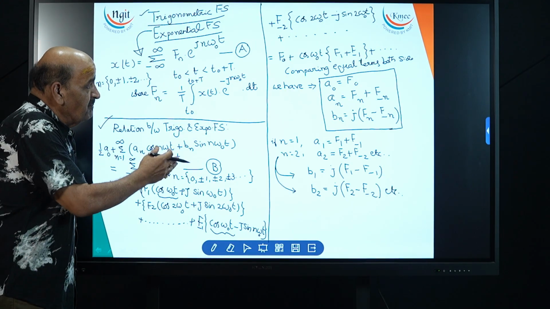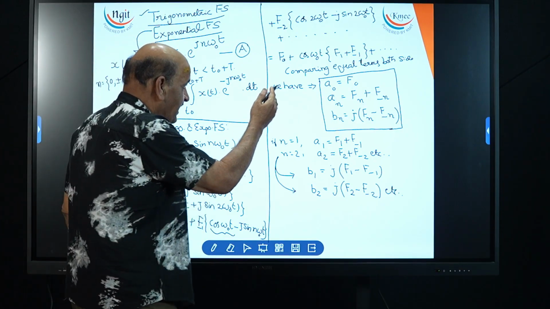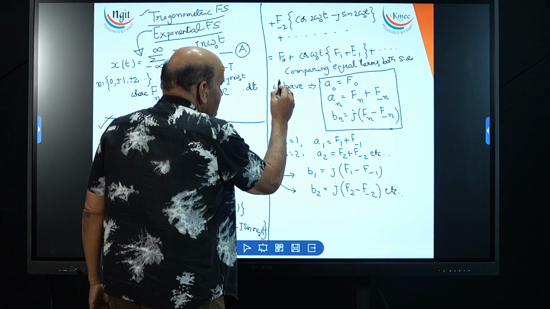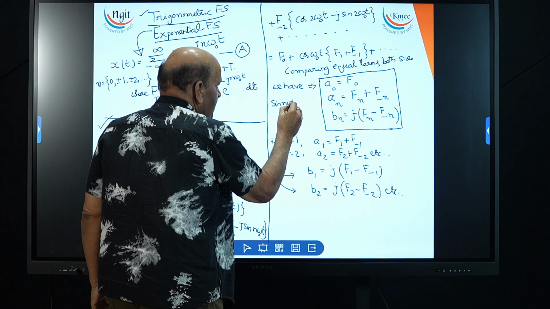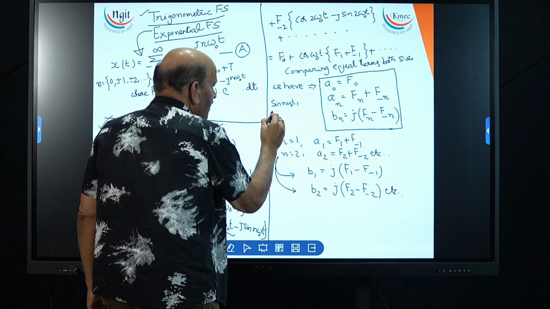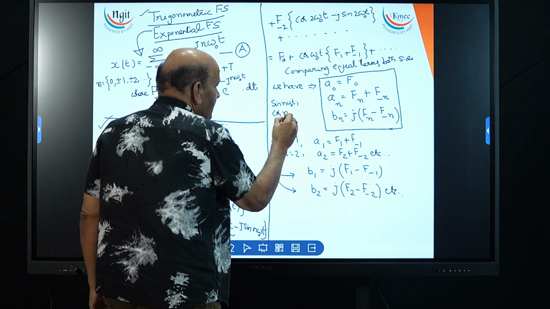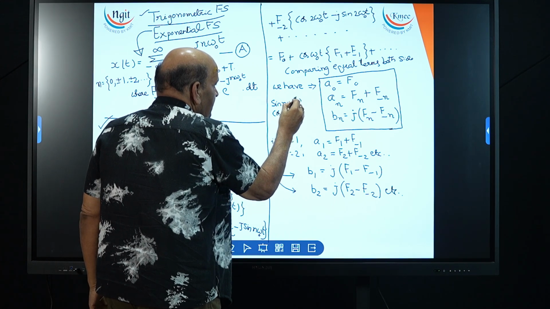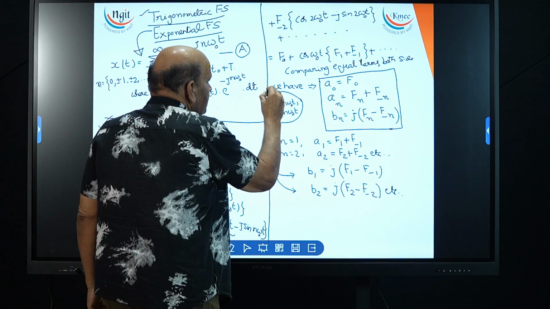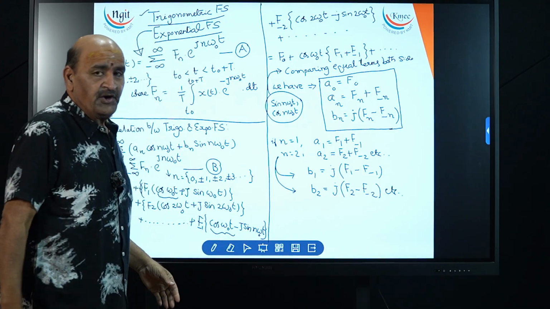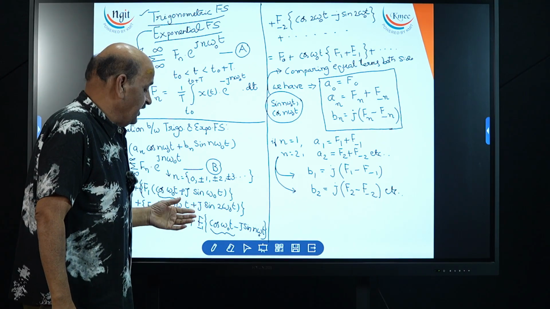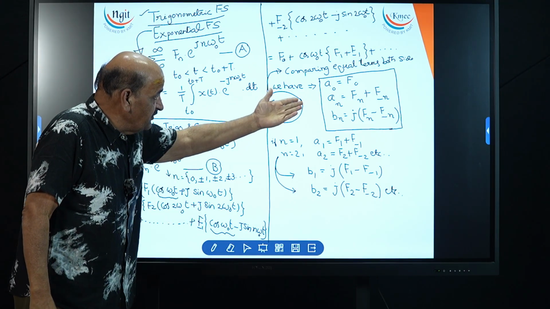Understanding? This is comparison. Comparison means what? Comparing sin n omega naught t, sin 2 n omega naught t, similarly cos n omega naught t terms. This is called comparison. Upon comparing the sin omega naught t and cos omega naught t terms, we get these relations.